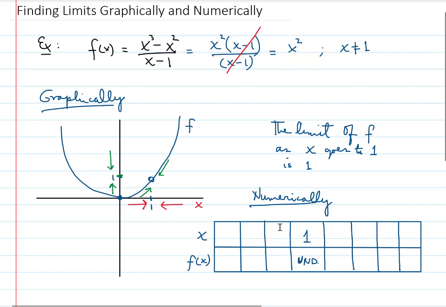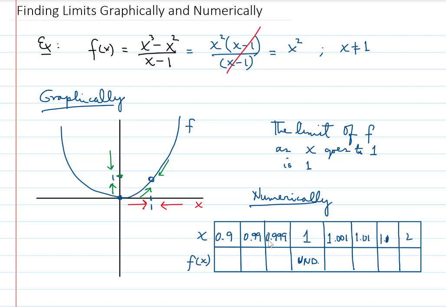How do we show this numerically? Before 1, I can always have, like, 0.9, then 0.99, then 0.999, and just get closer and closer, as accurate as you want it to be. Same thing here, I can do 1.001. Now, of course, you have to put this in your calculator.